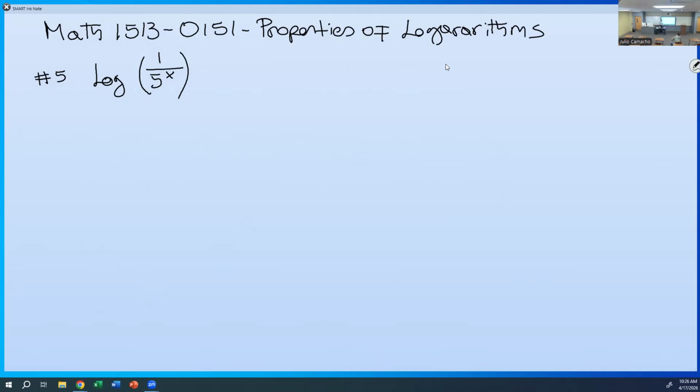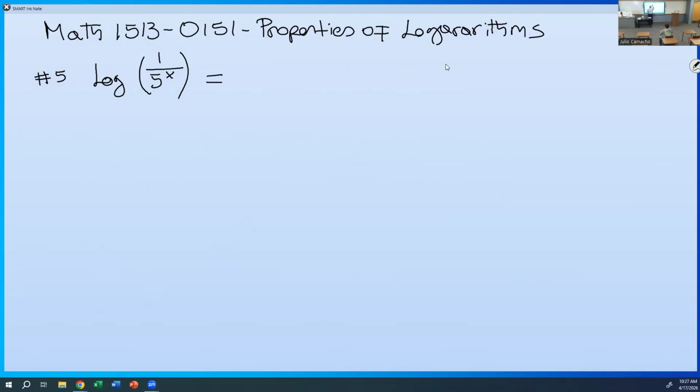First of all, let's try to expand that. We need to use the quotient rule. But first of all, let's rewrite this, because remember when we put a number that is raised to an exponent under 1, that means it is a negative exponent.